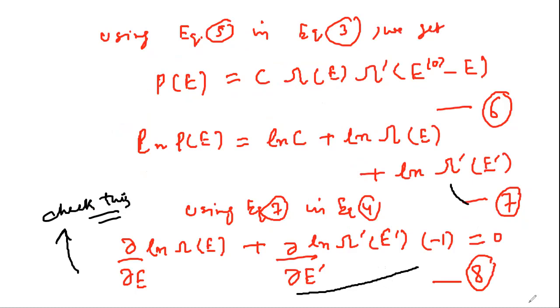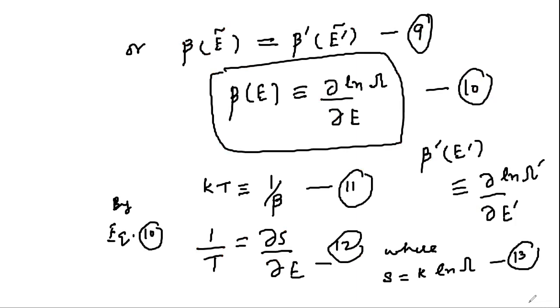We define beta. Then we define beta in terms of temperature, because we said its dimensions must be the reciprocal of energy. We have already defined beta, but I have to point out one thing. Then I told you by equation 10, I can write 1 by T this way, where S is entropy, which is k ln sigma.